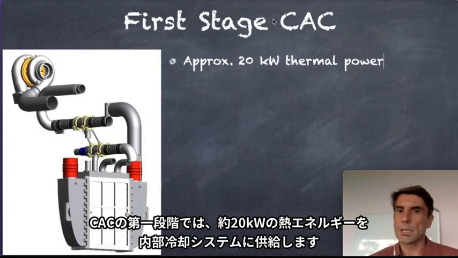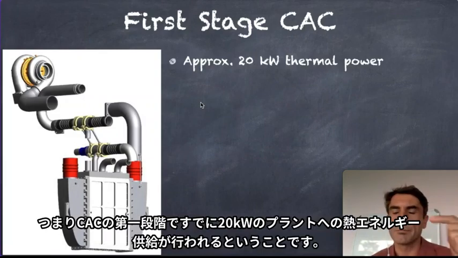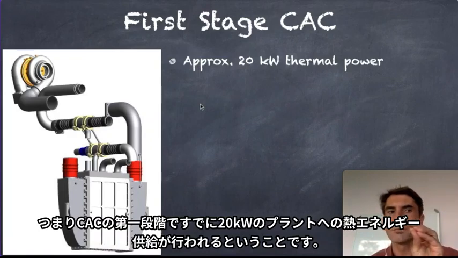The first stage of the charge air cooler supplies approximately 20 kilowatt thermal power to the internal cooling system. That means we use the first stage of the charge air cooler to get another 20 kilowatt thermal power out of the charge air and use it in our supply system to the client.